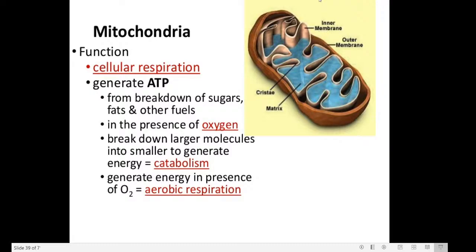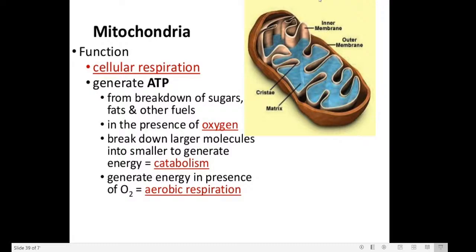That is called aerobic respiration. In some cells, energy is generated in the absence of oxygen, that is called anaerobic. Here the mitochondria generate energy in the presence of oxygen, so it's aerobic respiration.